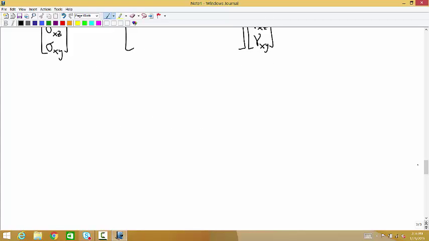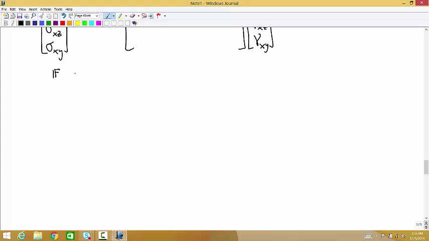So according to these equations, as long as you know the 36 values of the stiffness or compliance matrix, either one, if you have one and you want the other one, you just take a matrix inverse and your calculator will do that for you.